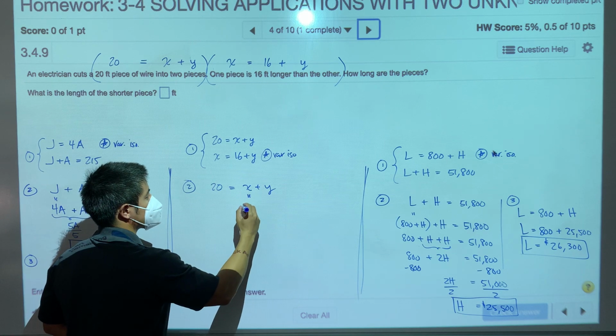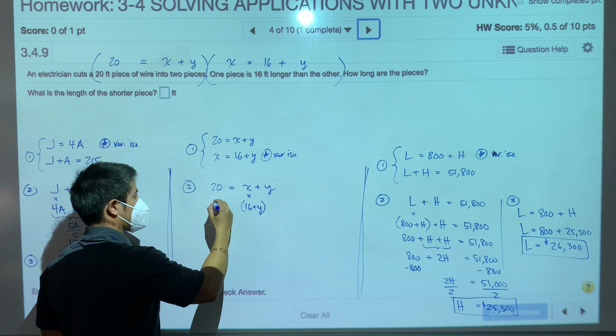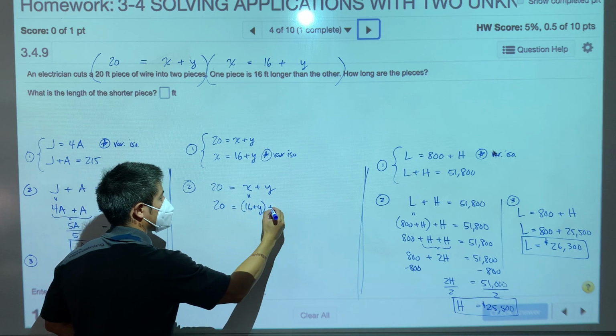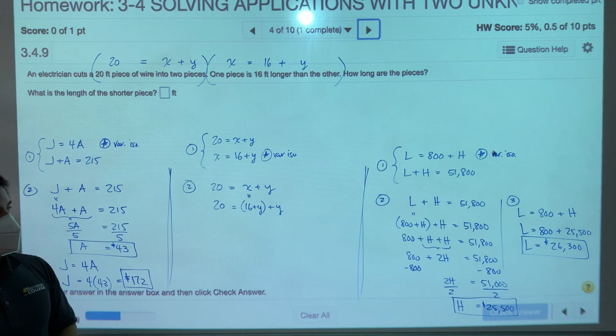So X is 16 plus Y. And I'll just bring everything else down. 20 equals, and then the plus Y. Look how consistently we do that over and over and over again in our problems. Nothing different, same stuff. Okay?